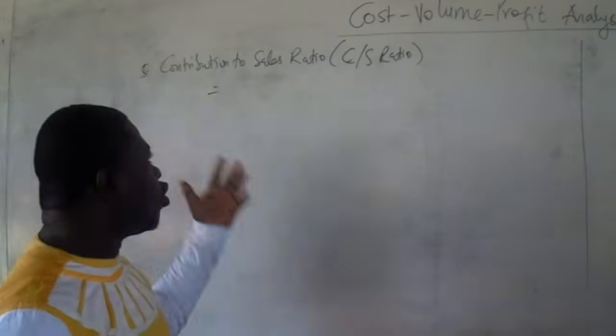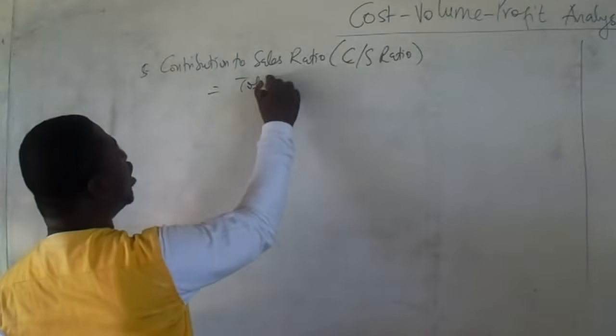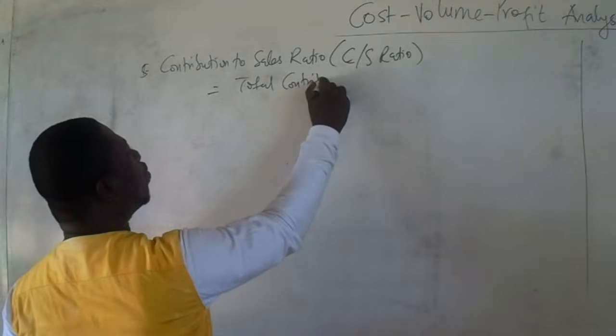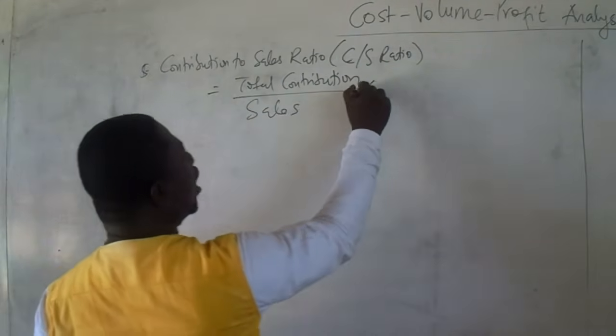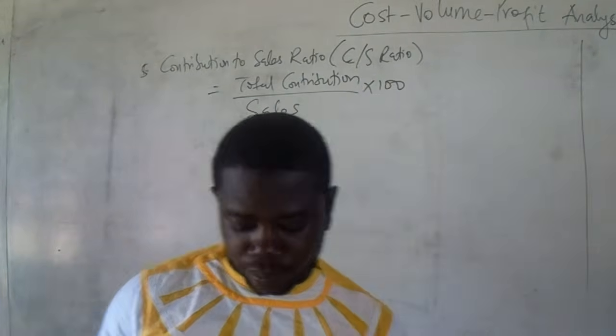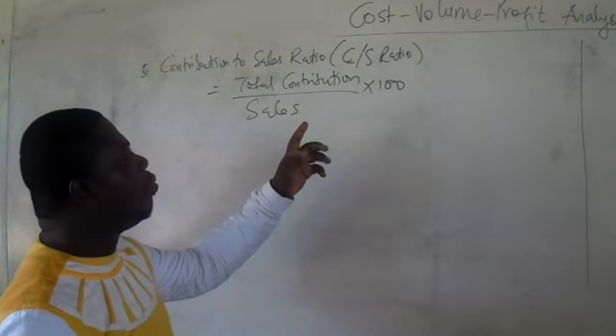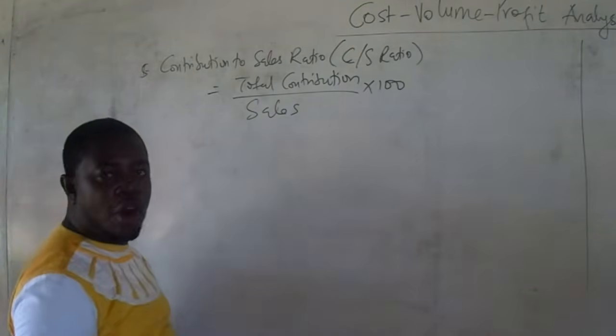Just as the name suggests, contribution to sales. And so the formula is your total contribution over your total sales times 100. It is defined in percentages. Total contribution over sales times 100. That is when you are using the bulk figures.